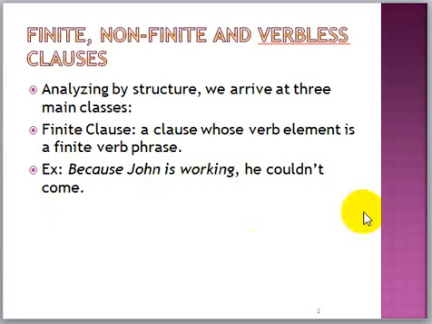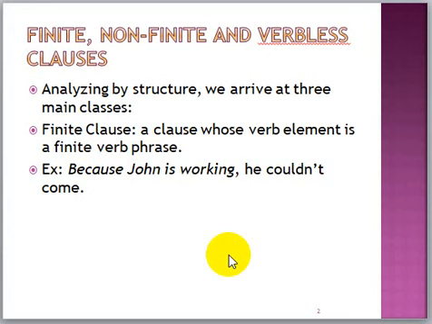Okay. Now, if we say, for example, we want to go to the college, we is the subject and the verb is want, and this verb, which is want, has a tense. This tense, of course, is the present.